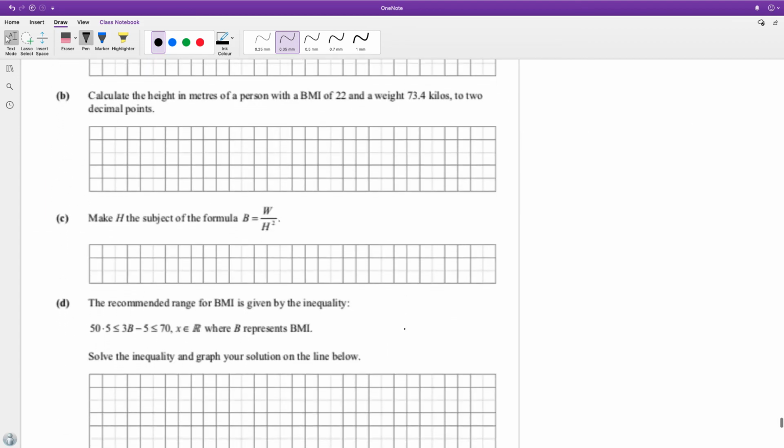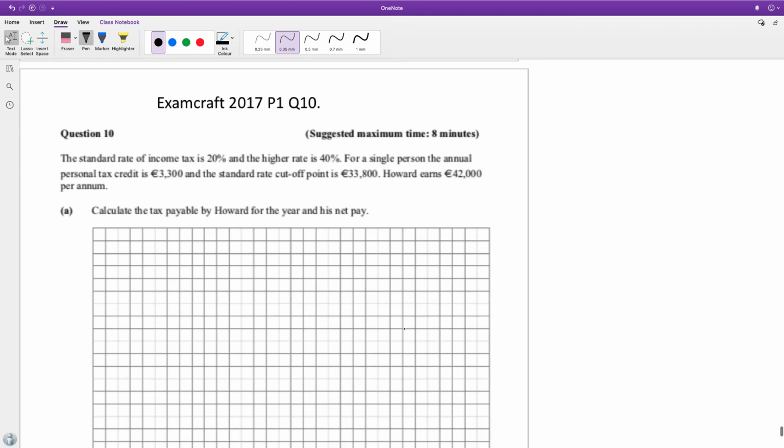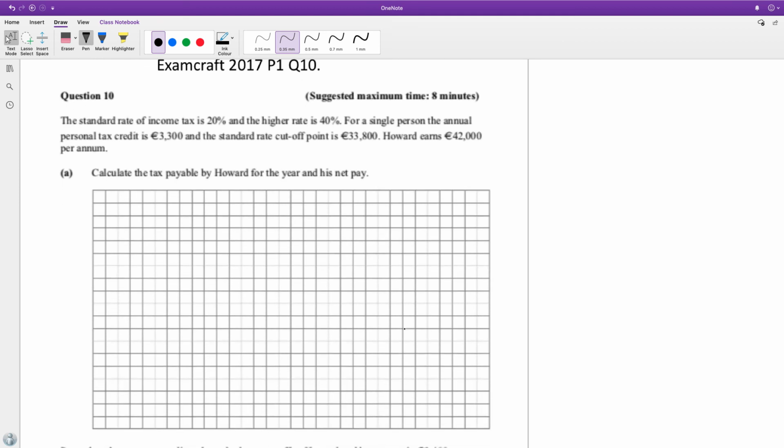Right, let's find something. Right, off you go. Tax question. All in a row. 5 minutes. Get it out.